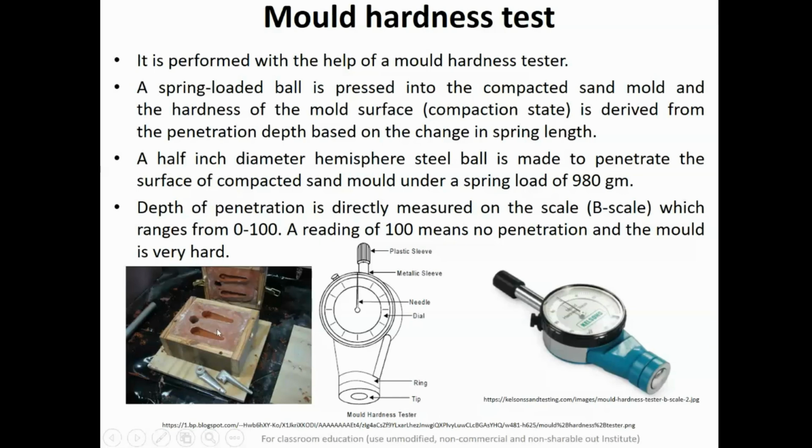If you get a reading of 100, that is virtually no penetration and the mold is very hard, and relatively you can measure the hardness of this mold. In most cases for a green sand mold, the hardness ranges between 60 to 80, and you can measure the hardness with the help of this simple instrument.